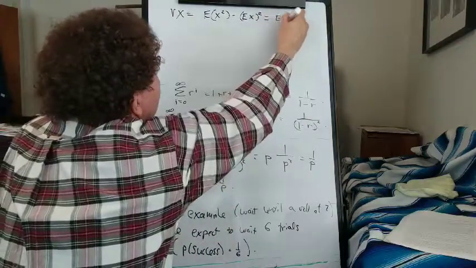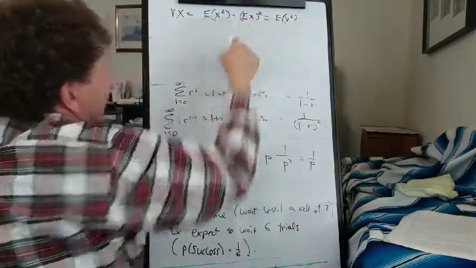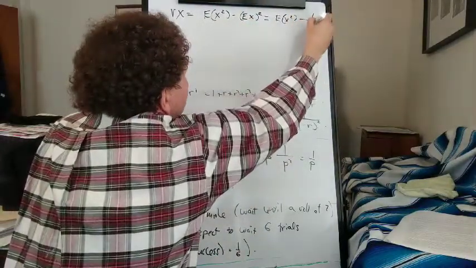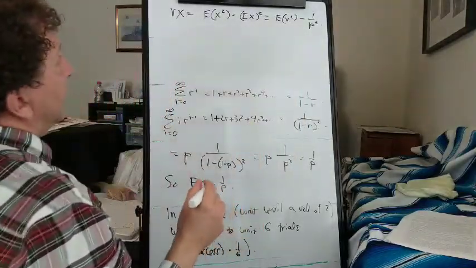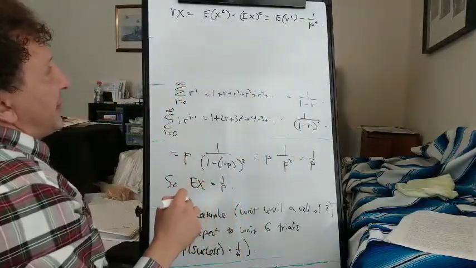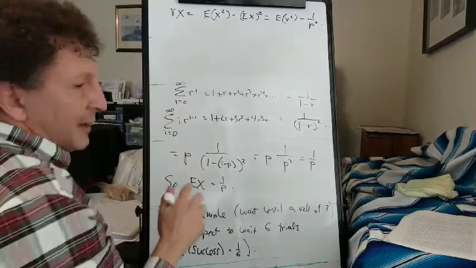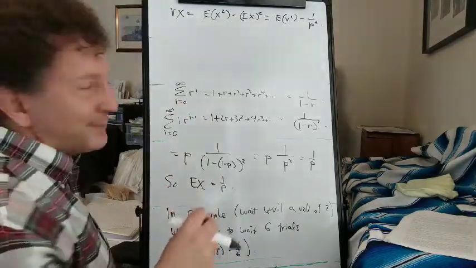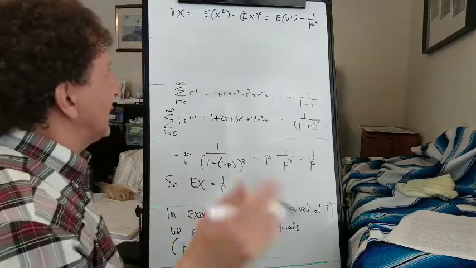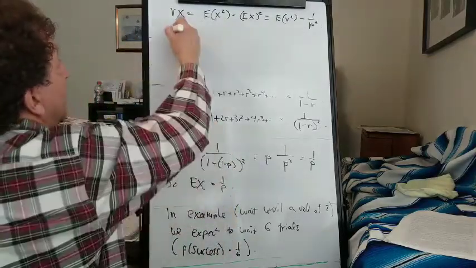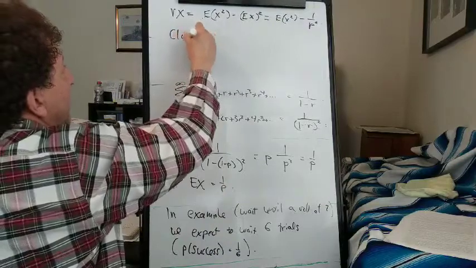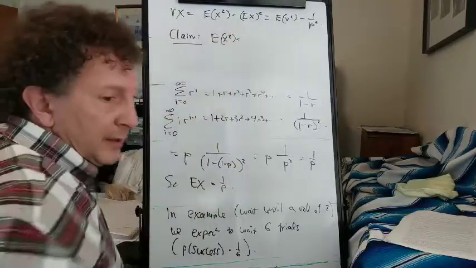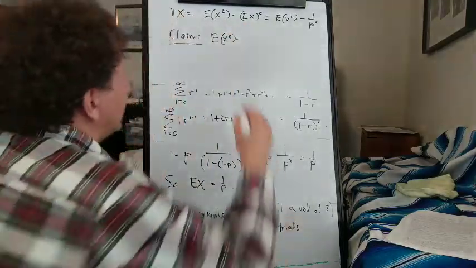Which is expected value of x squared, minus, we just figured out what expected value of x is, it's 1 over p, so 1 over p squared. Now the expected value of x squared is a little bit tricky to get. There's one way in the book, and I thought of another way to do it. Neither way is absolutely beautiful, but let's look at both. I claim that the expected value of x squared is (2 minus p) over p squared.